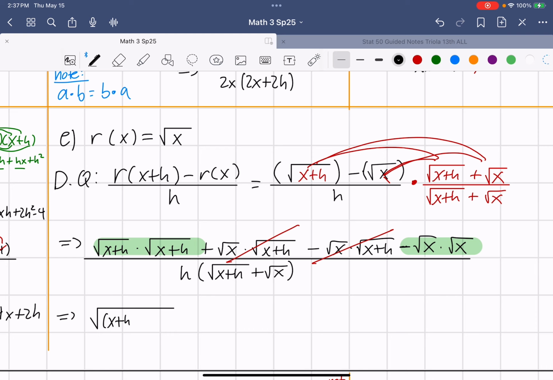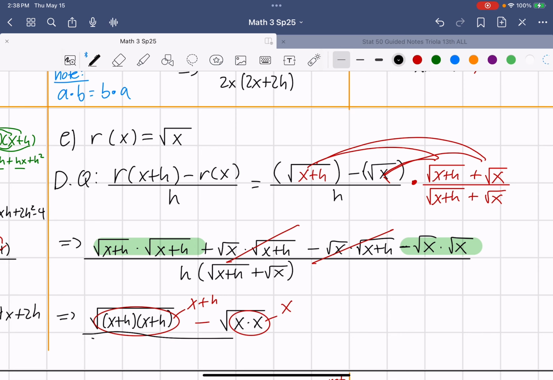x plus h times x plus h. Well, remember, we're looking for two factors. I know they're weird factors, but that's still two factors. And for every group of two, you're allowed to take out one of those factors. Same thing with this square root of x times x. Those are two factors. I make a group of two, and for every group, I'm allowed to take out one of those factors.